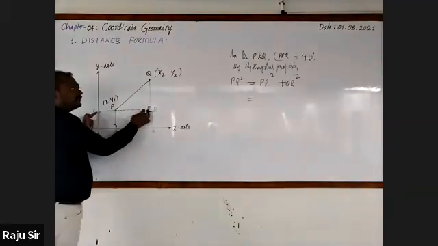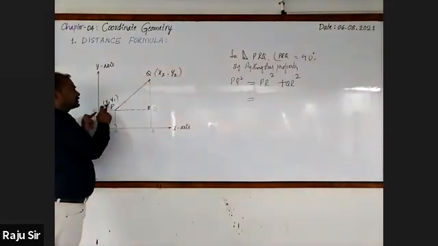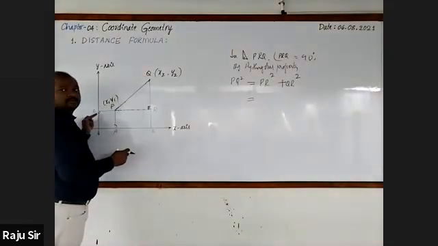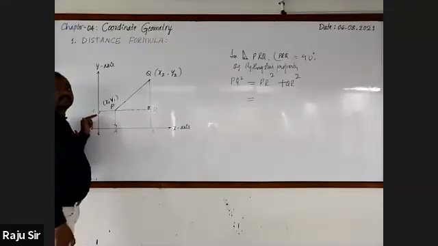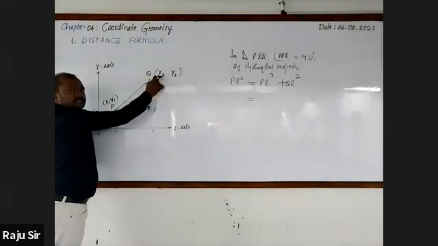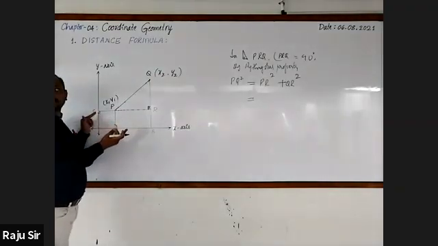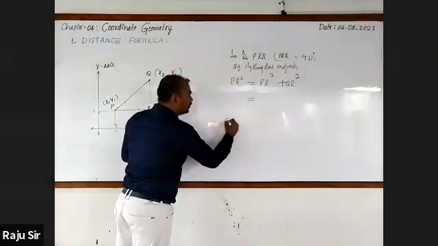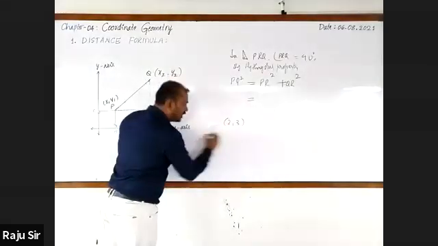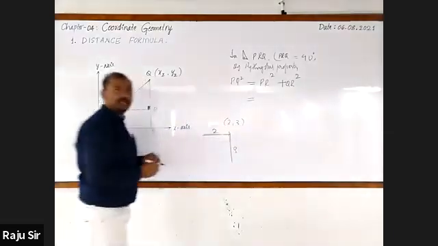From C to R it is x2. If I write 2, 3, it means the horizontal distance is 2 and the vertical distance is 3. Are you following or not?